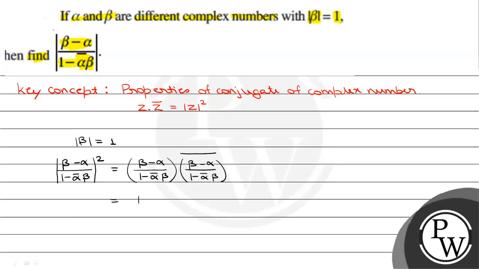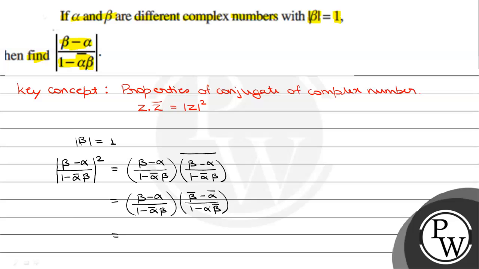So this is (beta minus alpha) upon (1 minus alpha conjugate beta), and when we find the conjugate of this, it will become (beta conjugate minus alpha conjugate) upon (1 minus alpha beta conjugate), since the conjugate of alpha conjugate is alpha. Now we'll multiply these two.